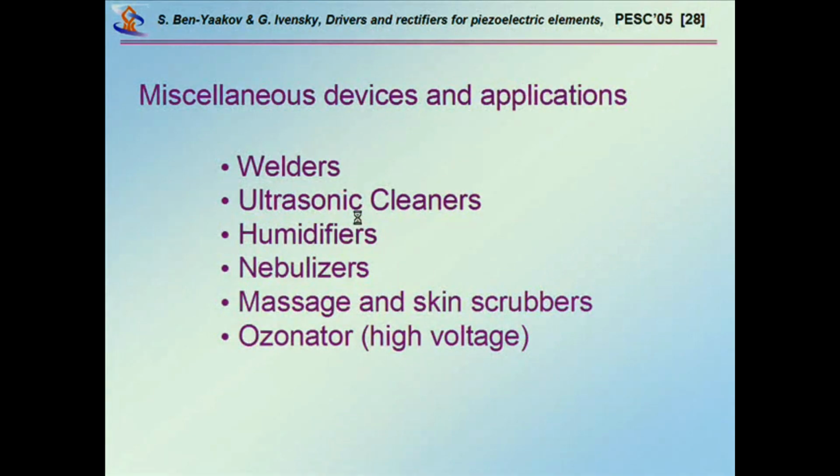Can this also be used as a safety regulation? Can you have these creepage and clearance distances of 6 millimeters or so?